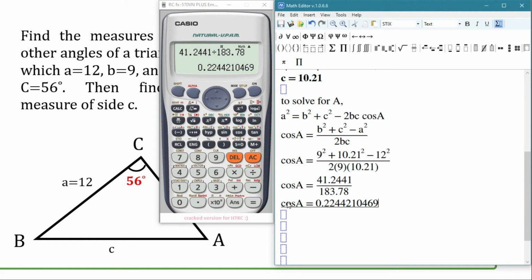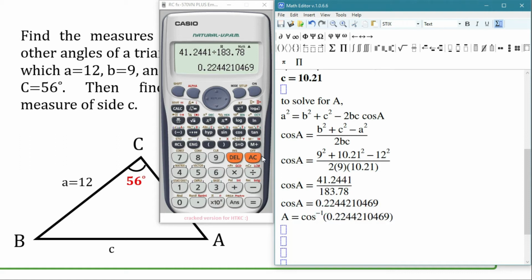Okay? Next, hindi pa ito yung value or hindi pa ito yung measure ng angle A natin. So we will be doing the inverse trigonometric function, wherein the measure of angle A would be obtained by cosine raised to negative 1 of this value, or the inverse function of the value.